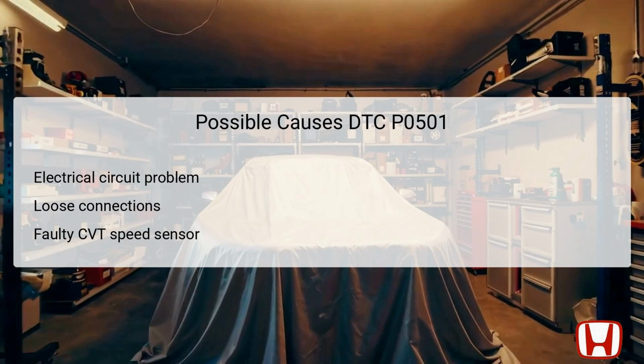Furthermore, a faulty CVT speed sensor itself can result in inaccurate readings. It is essential to investigate the wiring harness and connector integrity, as these are common areas where failure can occur. Although mechanical transmission issues are not responsible for this code, checking the sensor's functionality remains a crucial step in resolving the problem.